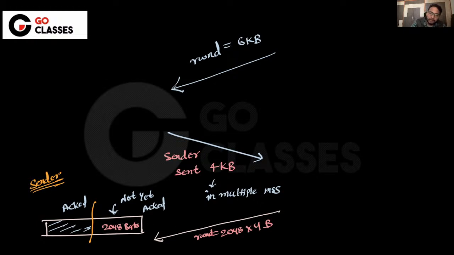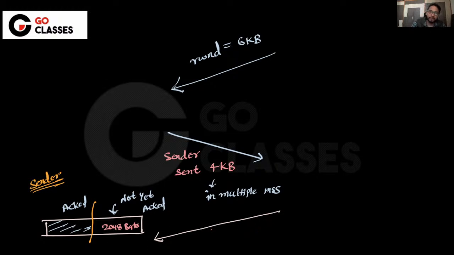Based on that, I will expand or shrink my sender window based on whatever the receiver is again advertising. Anyway, let's not worry about what it advertises, but whenever it sends the ACK, it will again tell the receiving window size.